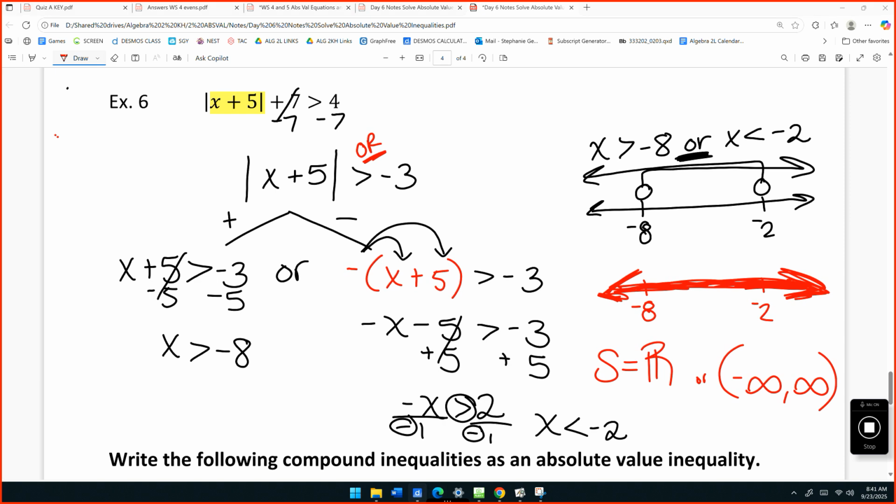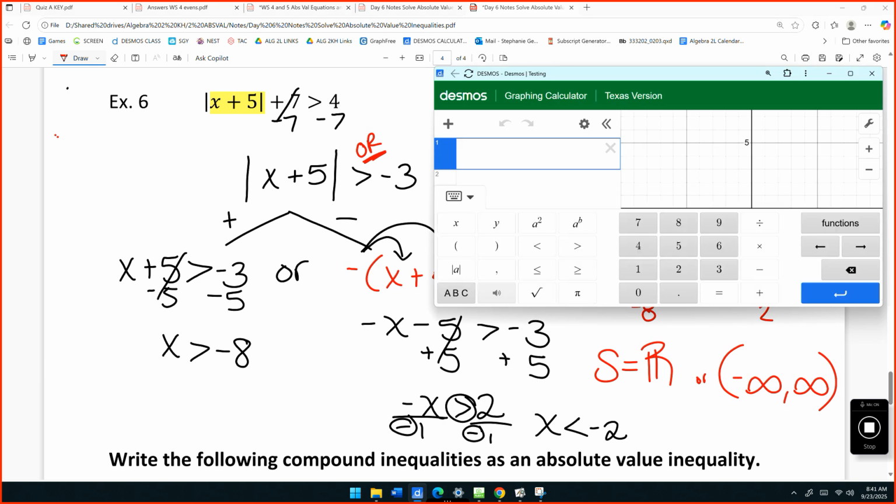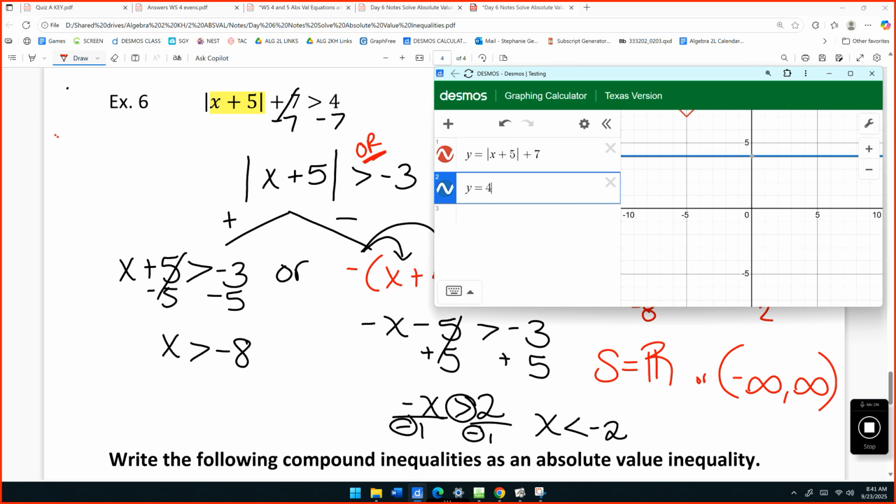I want to show you this one graphically for a second. If I graph this side, absolute value of x plus 5, plus 7, and then here I have y equals 4. The problem says, when is the left side greater than 4?